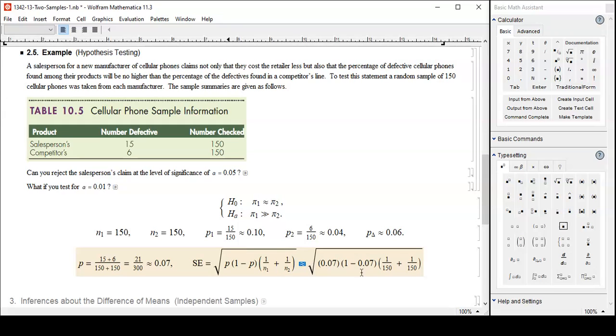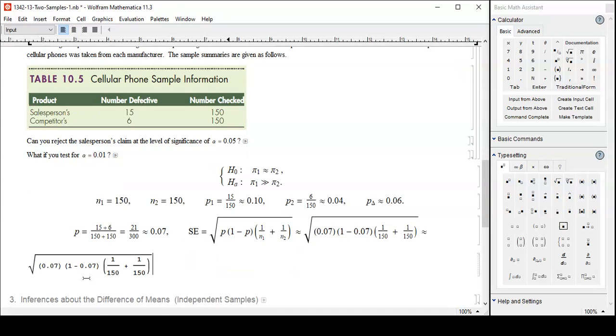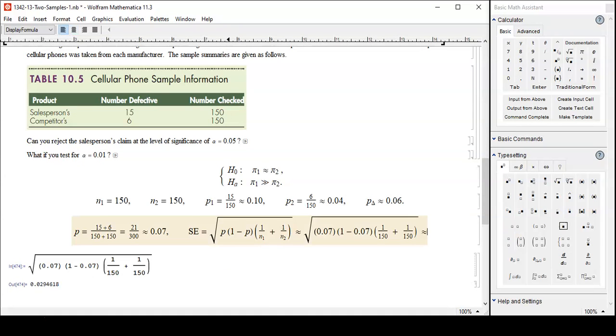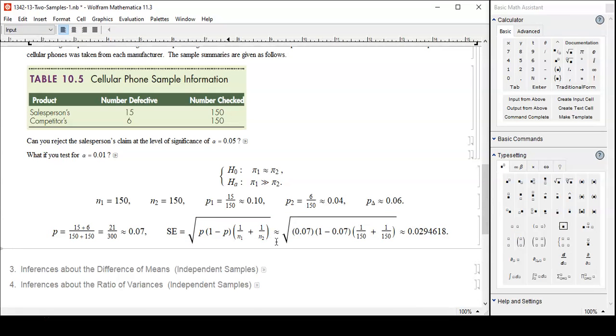Calculating all those, let's see, what is this quantity? Okay, there you go. That is your standard error for the problem. So this completes the setup.